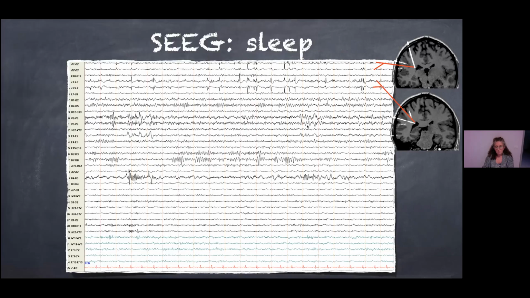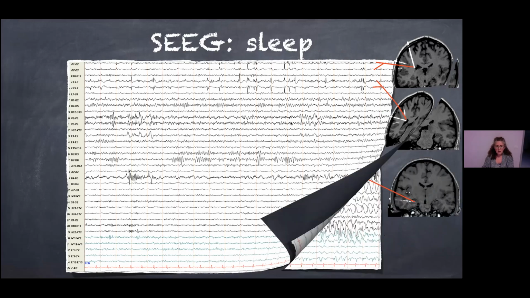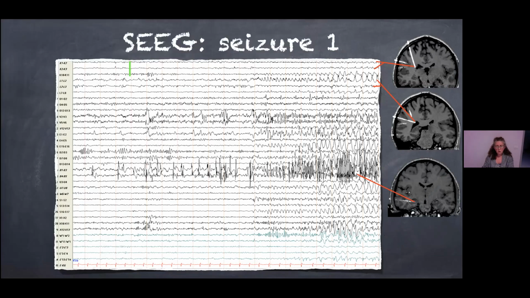During sleep, some of the activity tends to synchronize between the nodule and the rest of the cortex. And then during the seizure, we saw the activity simultaneously in the nodule and even in the hippocampal region.